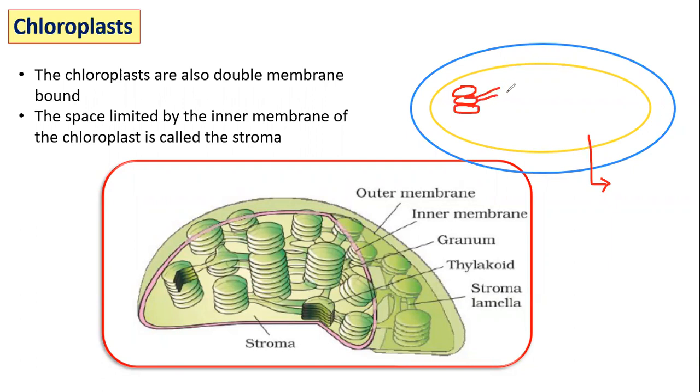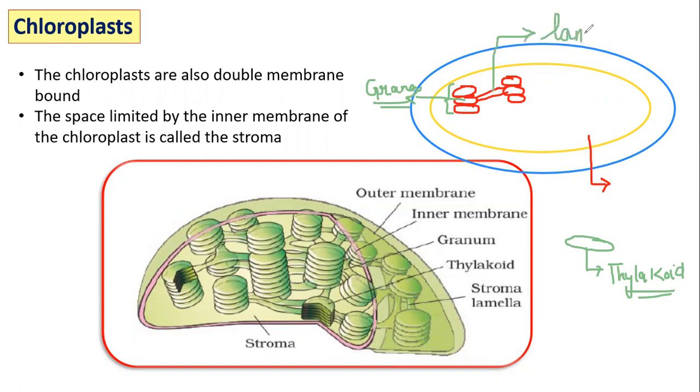Those structures, the whole stack, you will call the granum, or grana. Clear? And a single coin-like structure, you will call a thylakoid. These granums are interconnected by lamellae, like stromal lamellae.